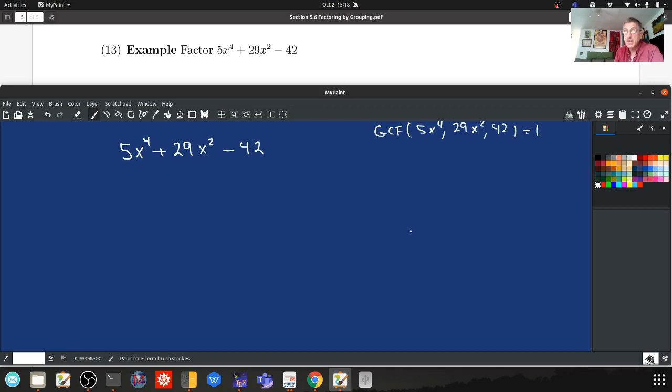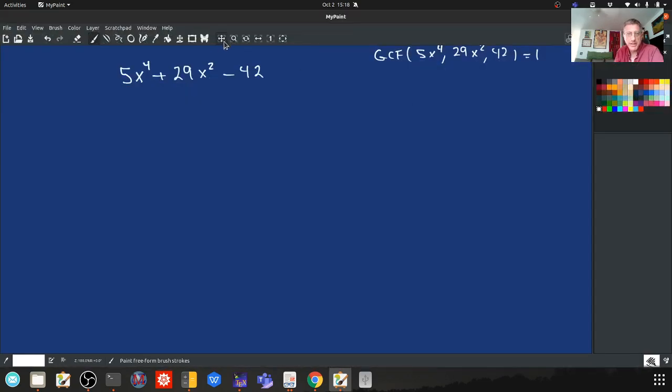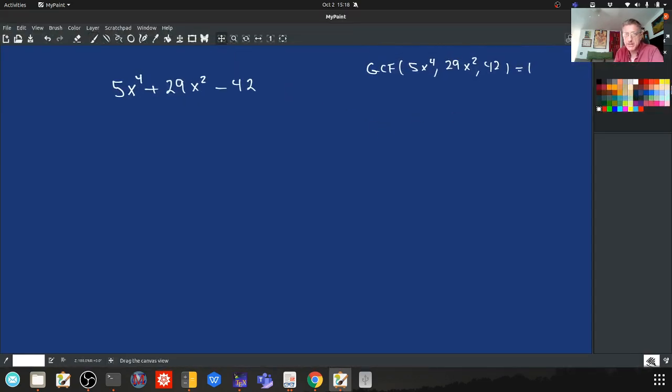So I can't fix this by factoring out the GCF like we've been able to do in the past. But I can make a substitution. If this were a degree 2 polynomial, then I could use my techniques. These techniques work for trinomials, degree 2 trinomials.